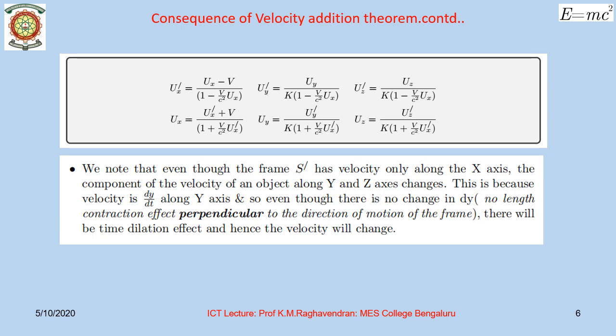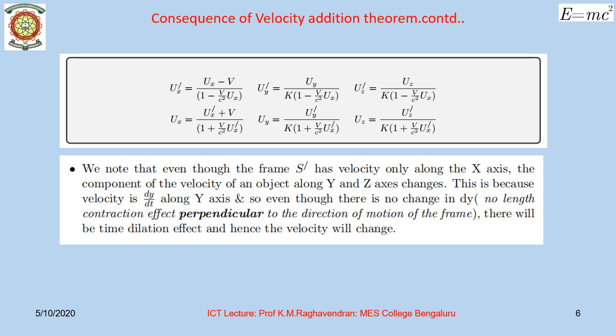A more important observation to make is that even though the frame S dash has a velocity only along the x-axis, the component of the velocity of an object along the y and z axis, that is uy and uz or uy dash and uz dash, actually changes.